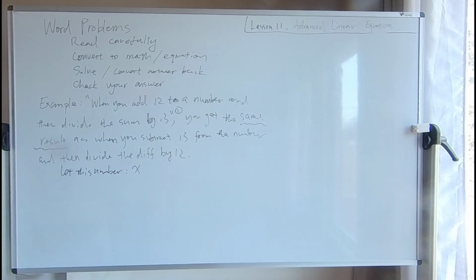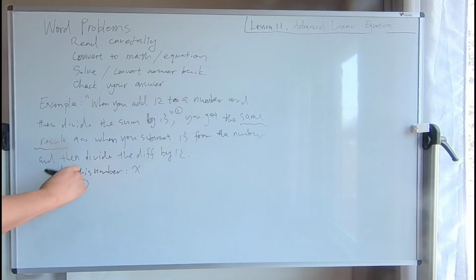Later on, you will also see examples where sometimes it's not that direct, so you may assign an indirect quantity to your unknown variable. It depends on the question. This question seems straightforward, so I'm just letting this unknown number be x.